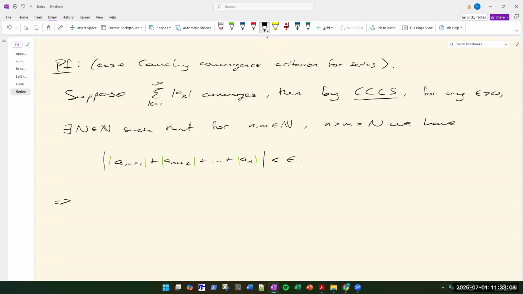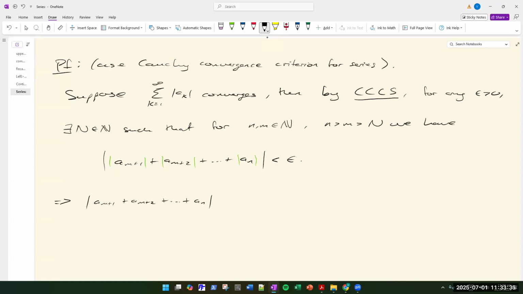Right, so this implies, so what happens now if I look at just the modulus of the original terms? Okay, so these terms a_{m+1} plus a_{m+2} plus, the original terms without the modulus, right? So I'm not taking the modulus of these individual terms, I'm just looking at them as is.